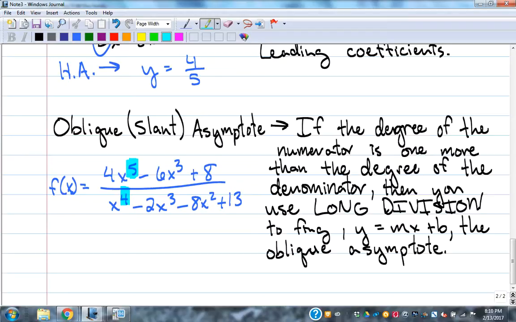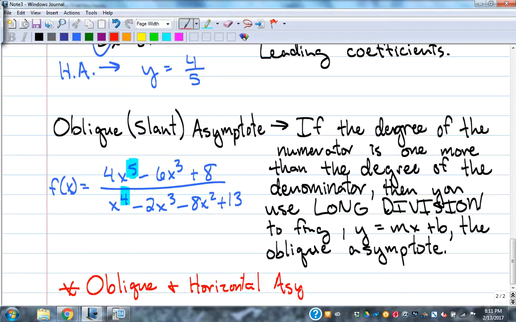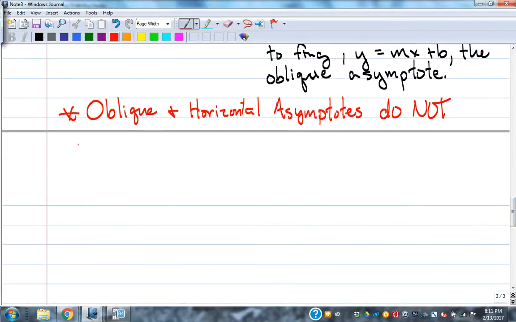One thing they don't tell you in the book, but I'll tell you because I want to help you out: oblique and horizontal asymptotes do not occur together.